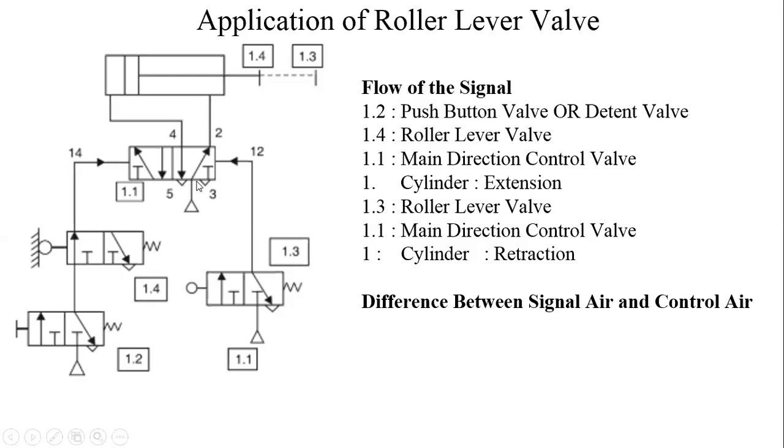So compressor, exhaust, exhaust, cylinder side port, cylinder side port. Similarly here also. So this is also 3, this is 2, this is 1, this is 4, this is 5. Let me know if this is understood.